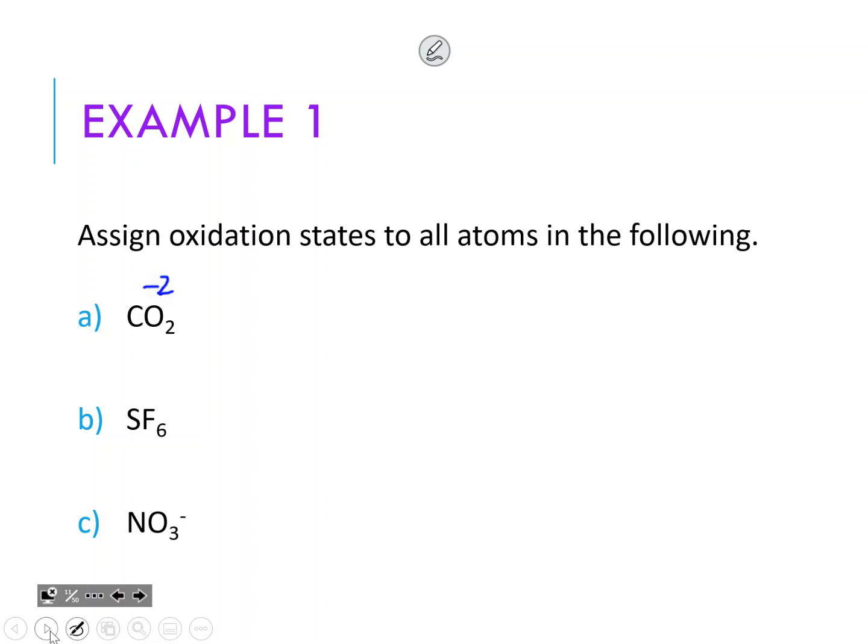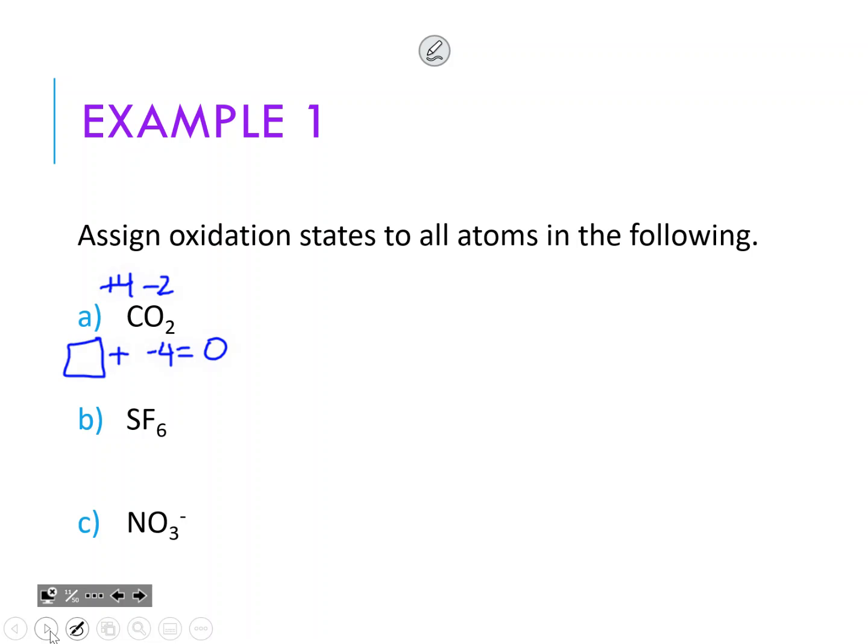Oxygen is always -2 unless it's in a peroxide or it's with fluorine. So based off of that, I know that this is going to be -4 for the representation of the oxygen. This is a neutral compound, so they must add up to 0. So in that case, what does the carbon have to be to make it add up to 0? This has to be a +4.